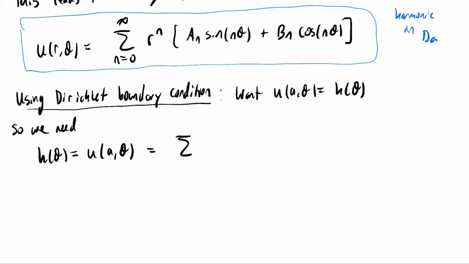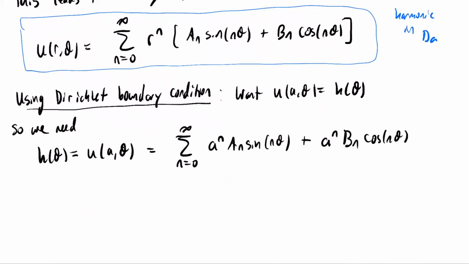So this is equal to now the sum from n equals 0 to infinity of a to the n an sine of n theta plus a to the n times bn cosine of n theta. Right. Well, if we look at the first term here, then this is the sine Fourier coefficient of h as a function of theta, right?